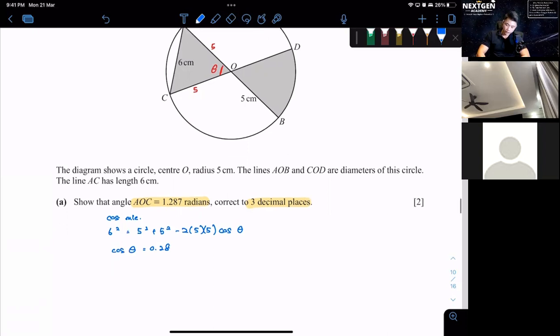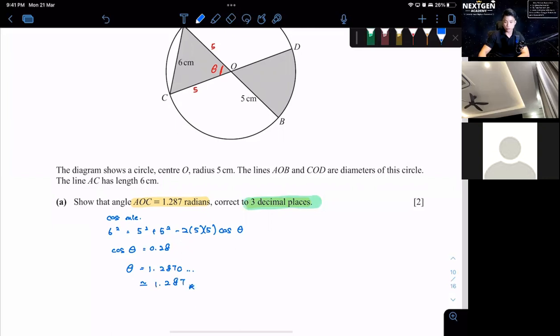Where theta, you'll get 1.2870 dot dot dot. Somehow in the mark scheme, when they say the words correct to 3 dp, they say you must show the original value first, then after that only you round it up to 3 decimal places.